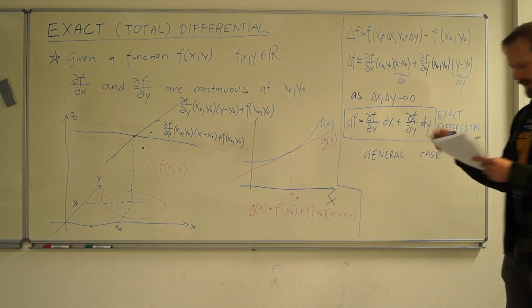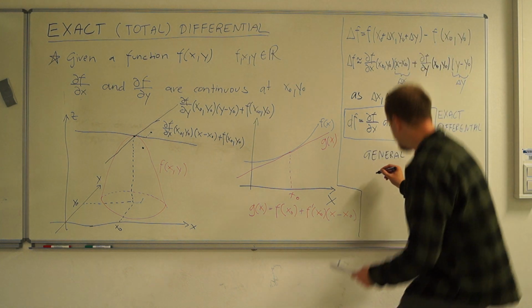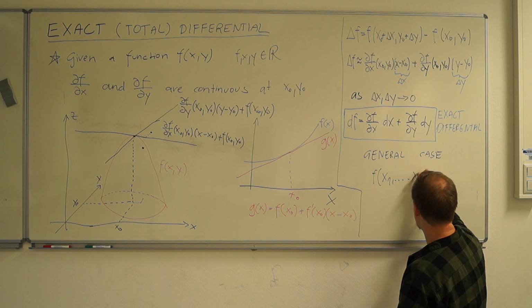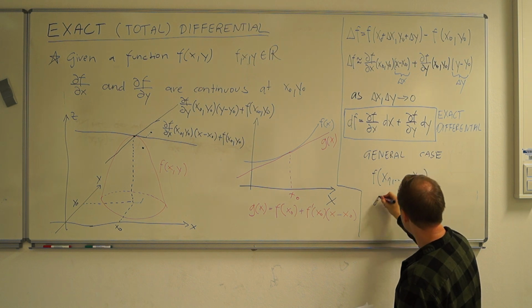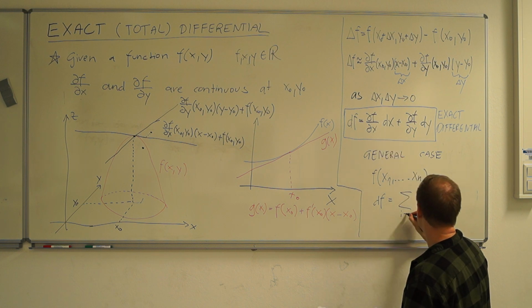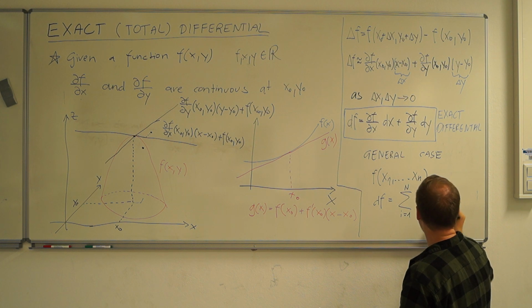If f depends on, let's say, n variables, f dependent on x1 up to xn, then the total differential is the sum of such terms, where i runs from 1 to n. Then we have n partial derivatives and n times dxi.